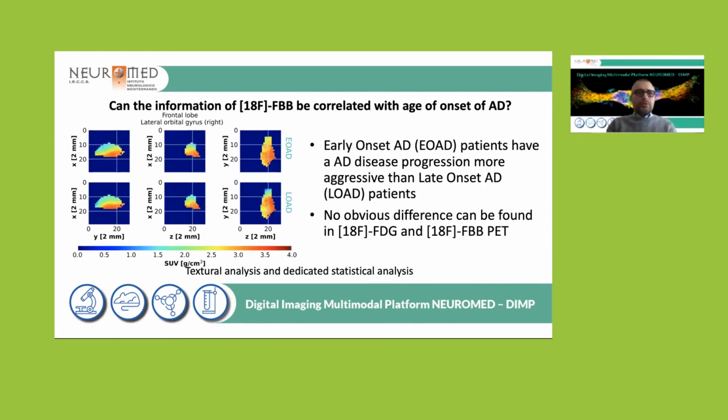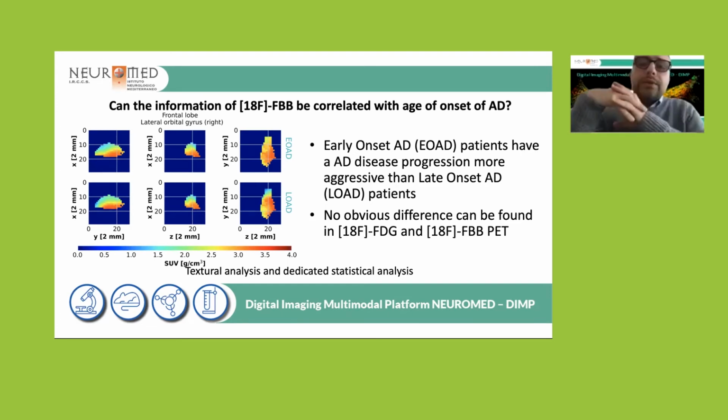Let's start again with an example. Our first example is a study where the clinician asked us if we could find any hint on how to correlate the uptake of fluorbetabine with the age of onset of Alzheimer's. Fluorbetabine is the tracer which we have shown in the introduction. It is linking to amyloid.